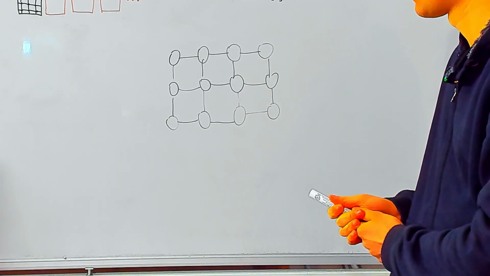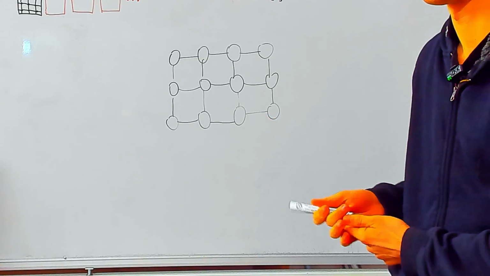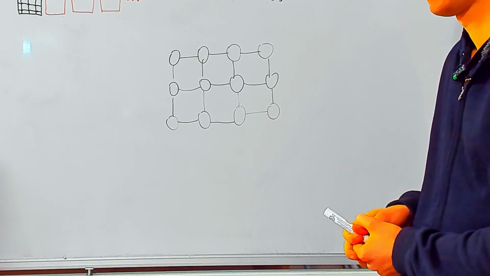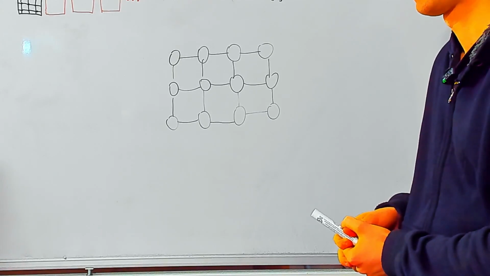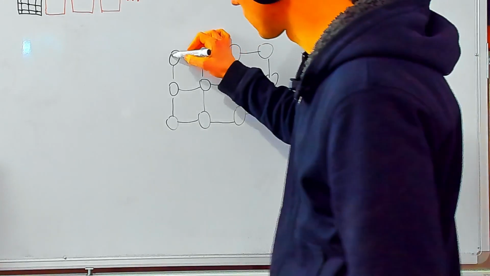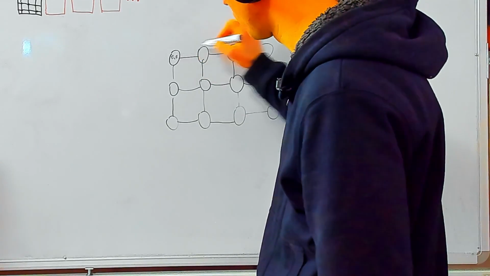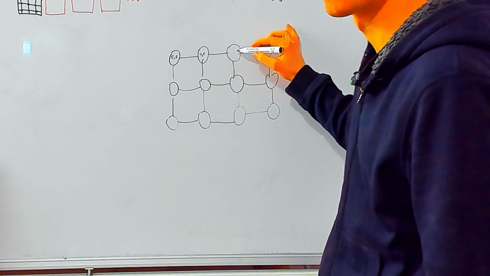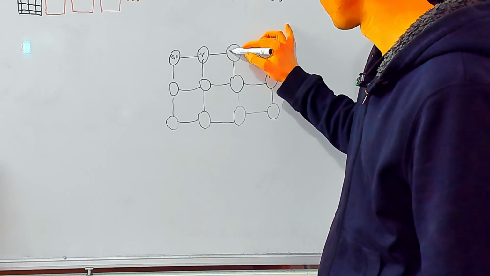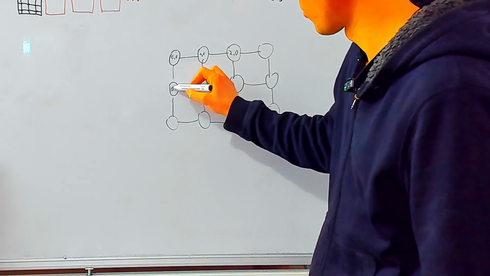If we have a graph like this, we can represent it just with a coordinate system. You can say this vertex is at, for example, 0, 0. This vertex is at 1, 0. This vertex is at 2, 0. And here would be 0, 1.